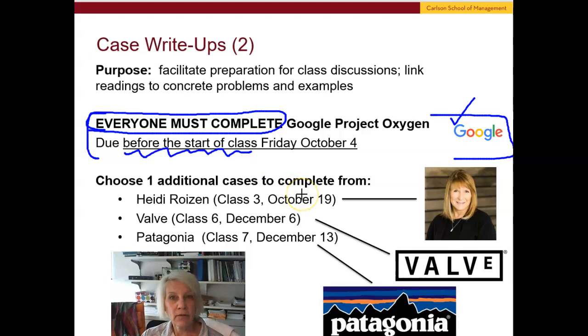Then over the rest of the semester, we have 3 other cases: Heidi Roizen, the Valve case, and Patagonia. Heidi Roizen is here, that's a picture of Heidi. This case is due on October 19th in our 3rd class. It's a case that is highlighting the role of personal networks in influence.